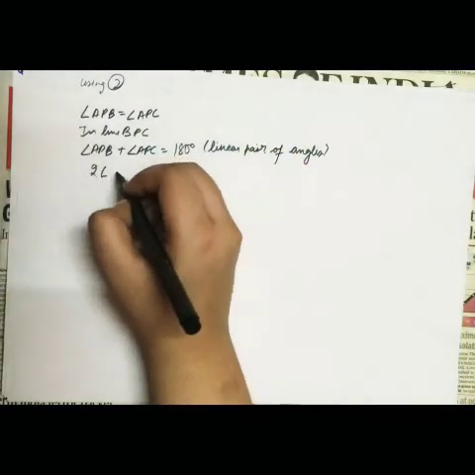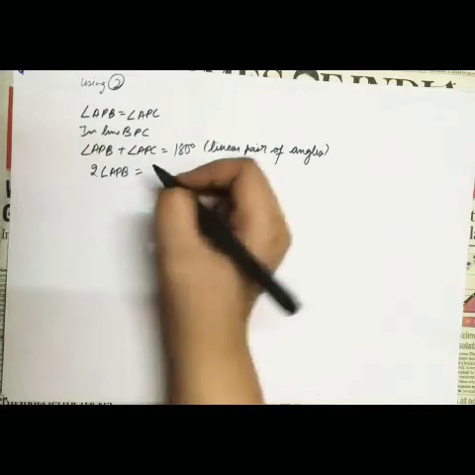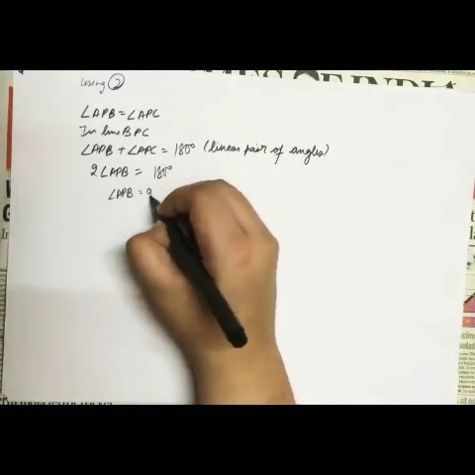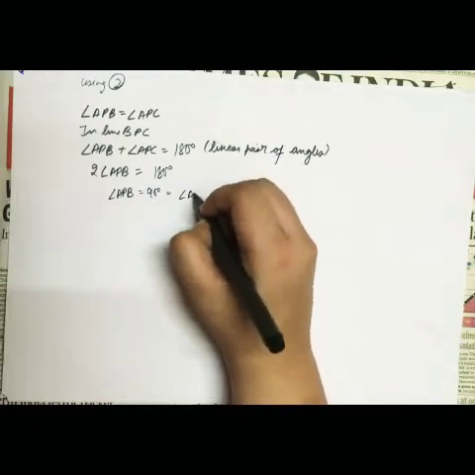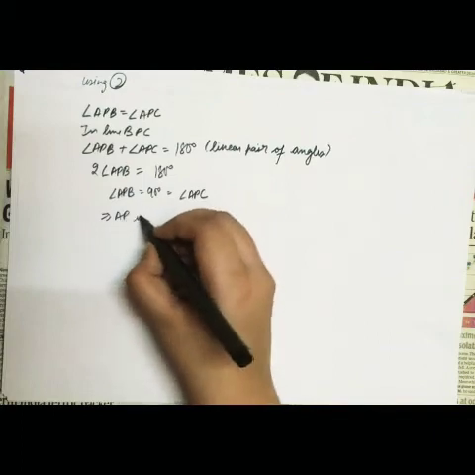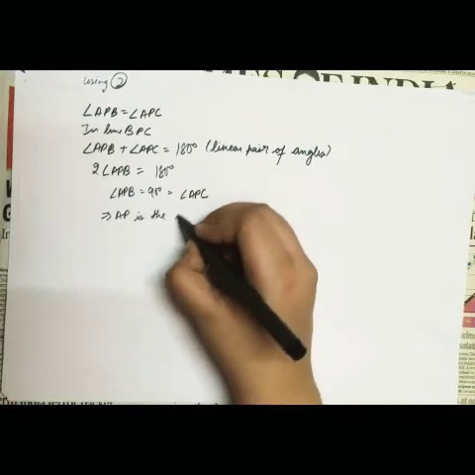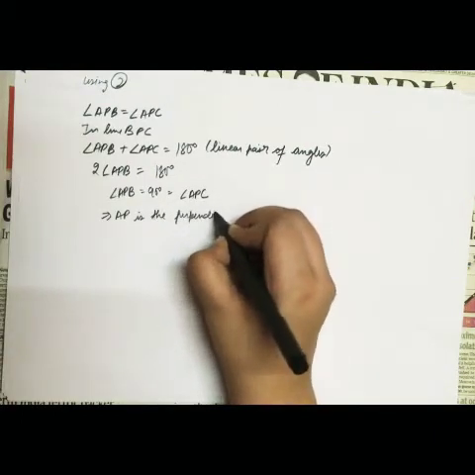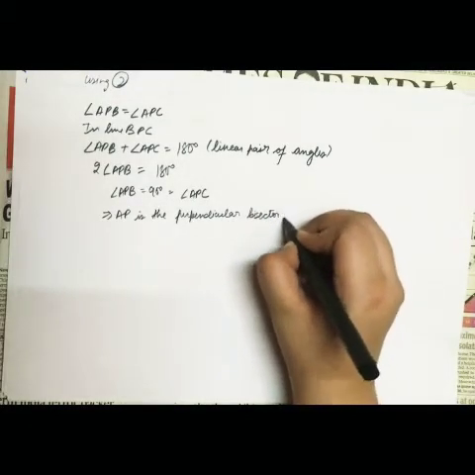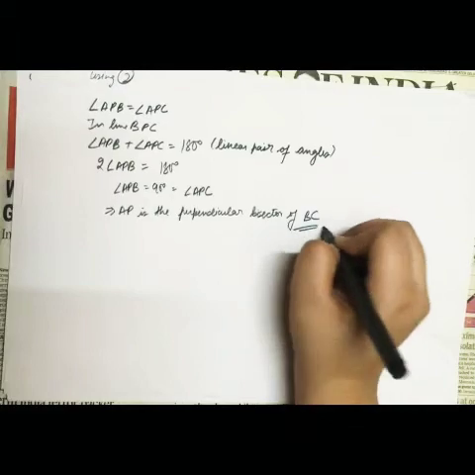Therefore 2 times angle APB is equal to 180 degrees, angle APB is equal to 90 degrees, which is equal to angle APC, which means AP is the perpendicular bisector of BC, hence proved.